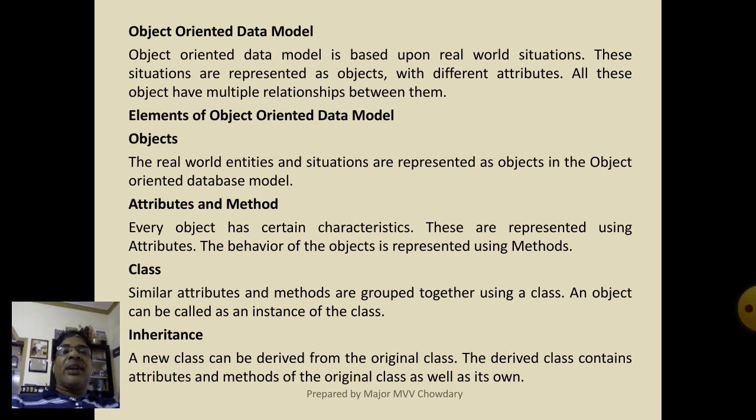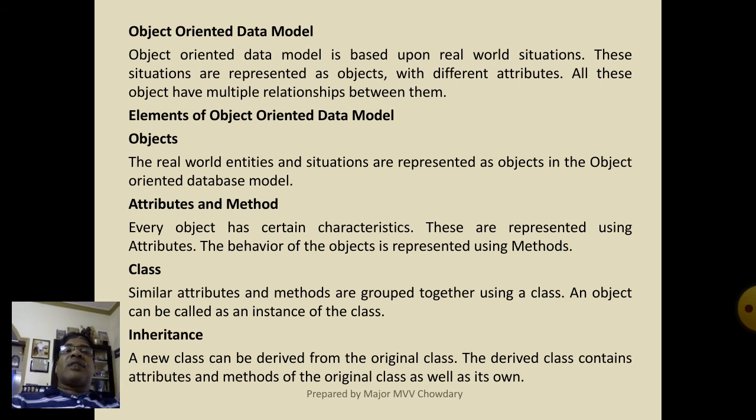In the object oriented data model we have attributes and methods also. Every object has certain characteristics. Object is nothing but an entity in the ER model. Object is nothing but a table name or relation name in the relational model.